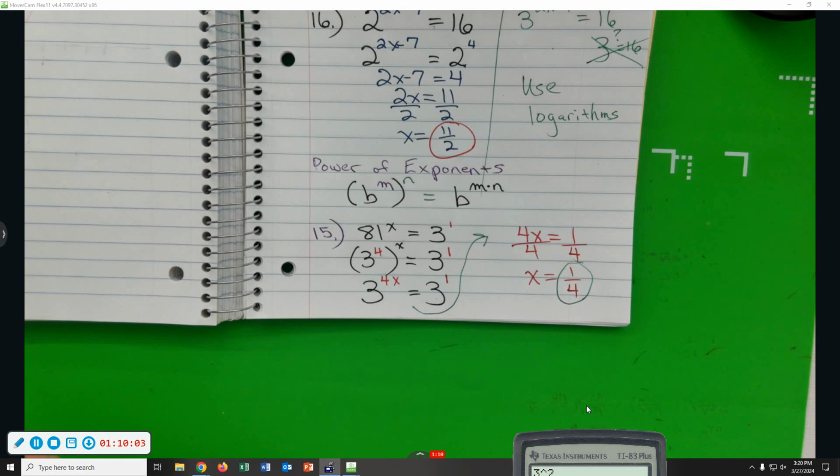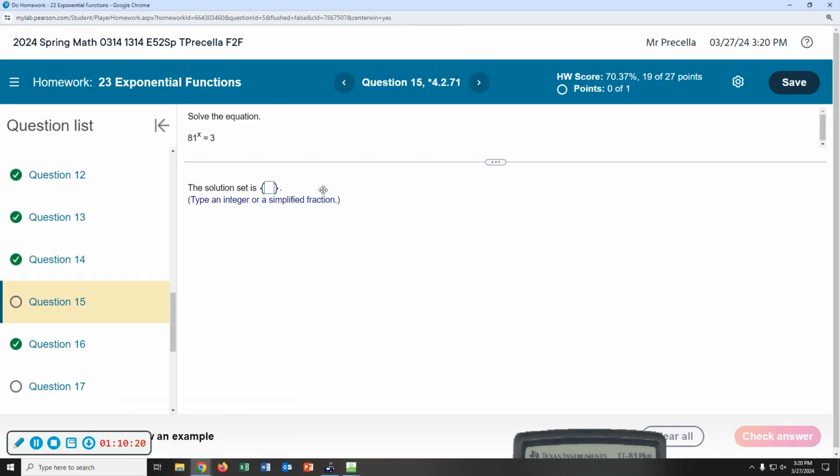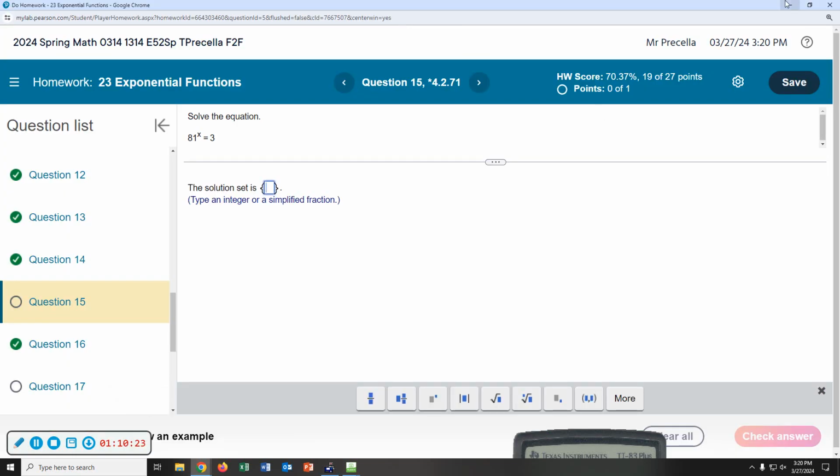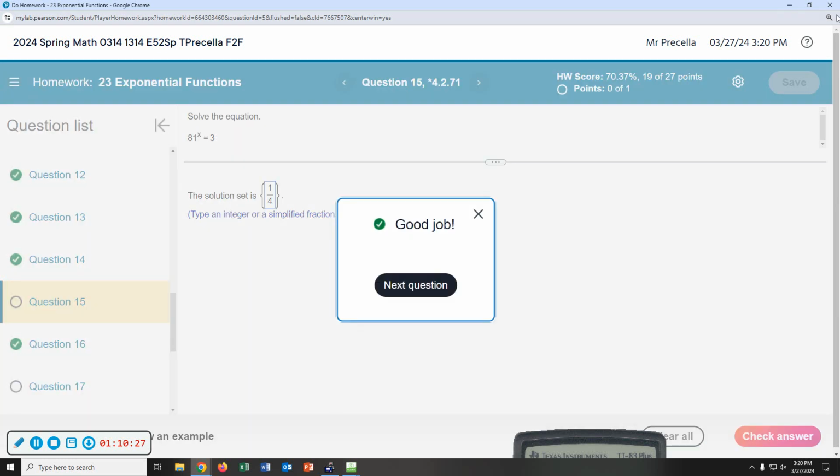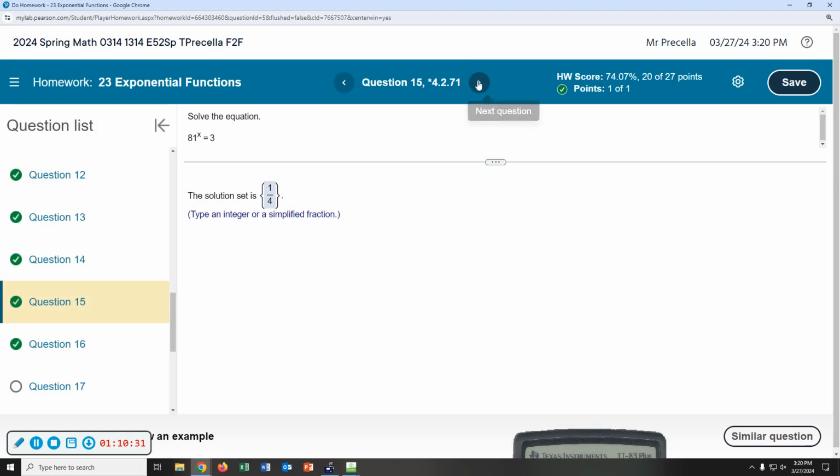Any questions? Now we know what a 1/4 exponent is. That's a 4th root. So we're saying the 4th root of 81 is 3? Yeah, I agree with that because 3 to the 4th is 81. We've already done 16.